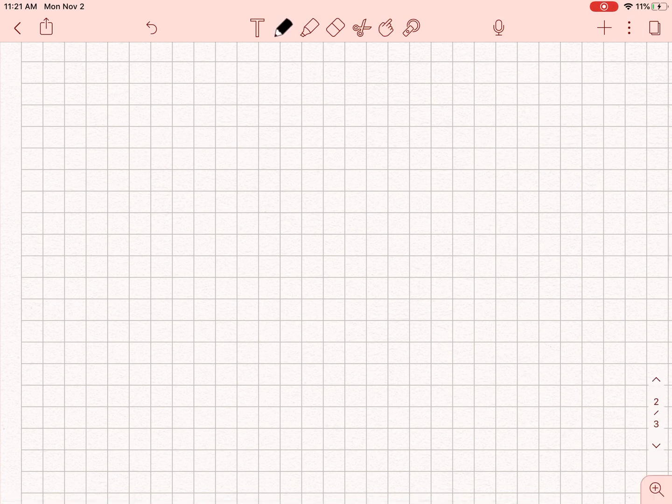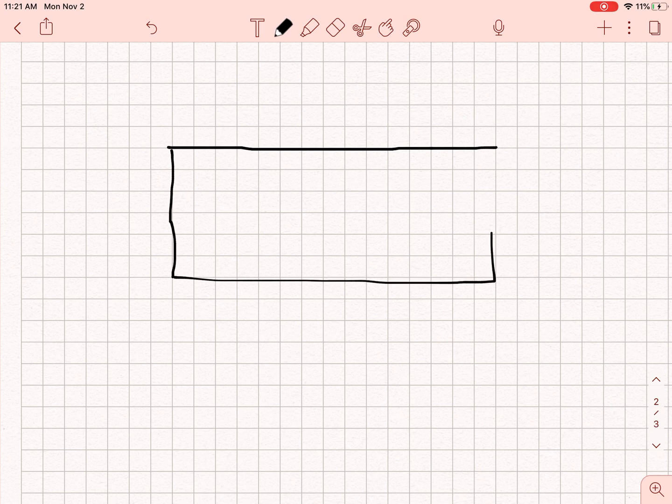So for this one, we'll go ahead and do 1, 2, 3, 4, 5, 6, 7, 8, 9, 10, 11, 12, 13, 14, 15. Times for this one, we'll go ahead and do 6. Or rather, we'll do the base or the width is 15. Remember, the bottom and the top are the same.